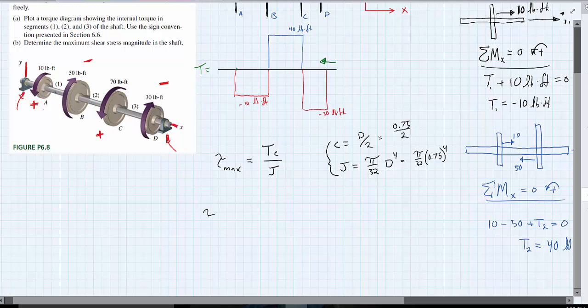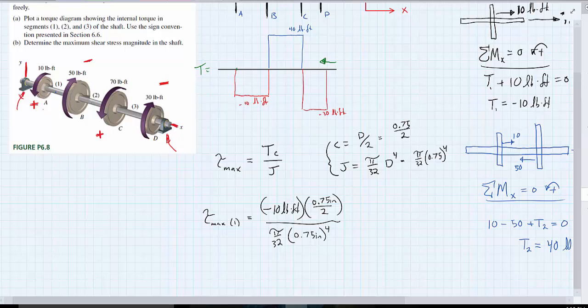So for tau max of member 1, our maximum shear stress is going to equal our negative 10 foot-pounds multiplied by 0.75 inches divided by 2, divided by our J value, which is over here. So we have pi divided by 32, 0.75 inches to the fourth.